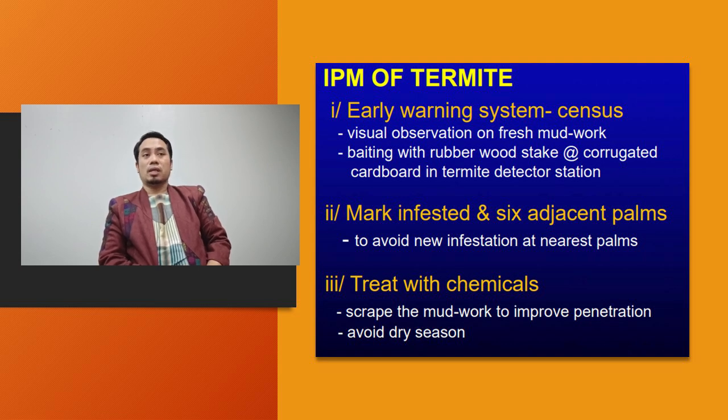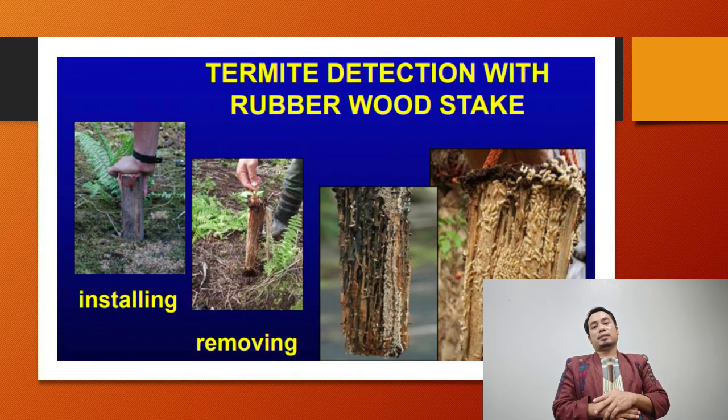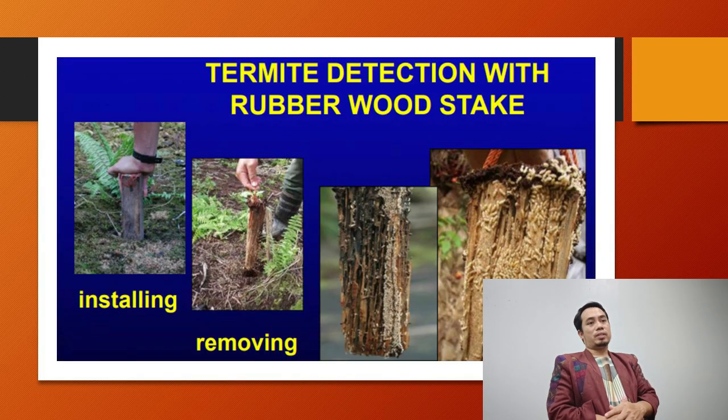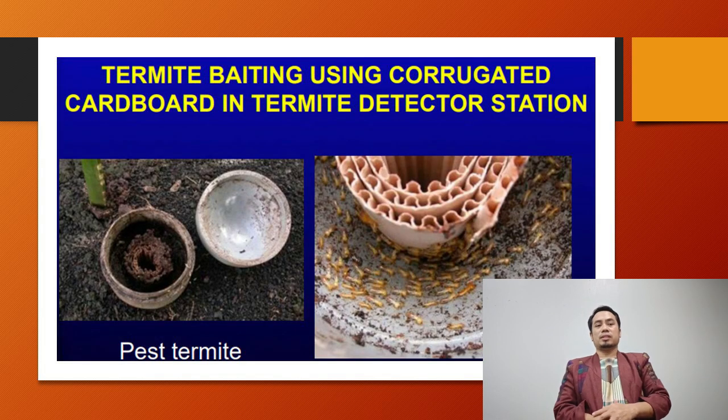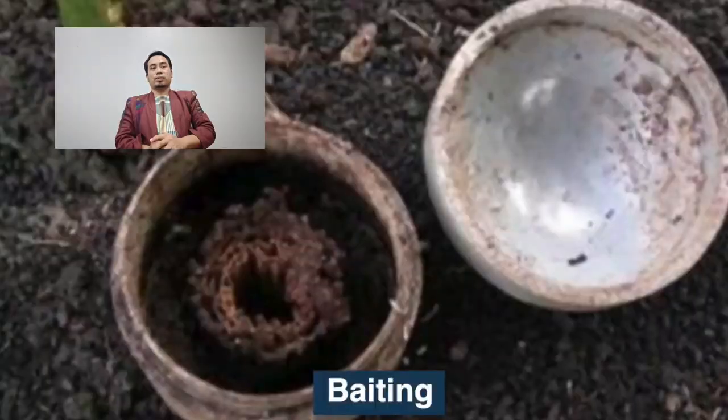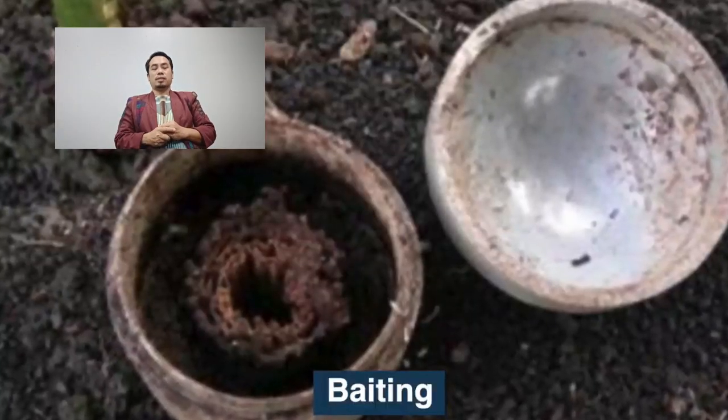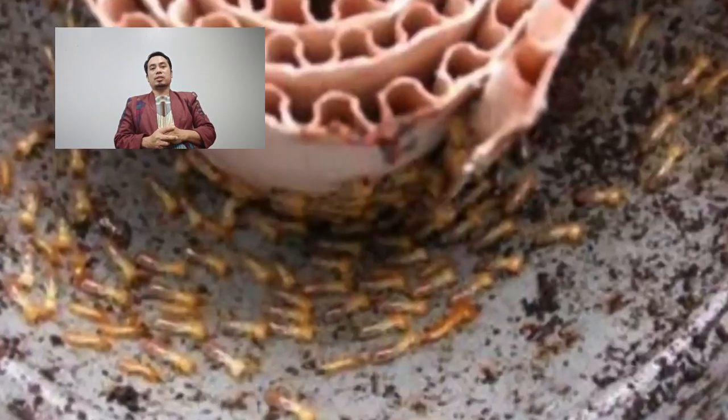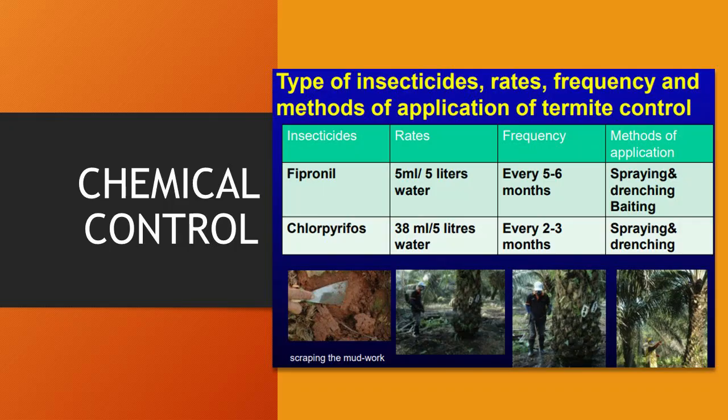We bait with rubber wood sticks and corrugated cardboard in a termite detector station. After that we mark the infested palm and six adjacent palms to avoid new infestation at the nearest palms. Then we treat with chemicals, scrape the mudwork, and to improve penetration, avoid the dry season.